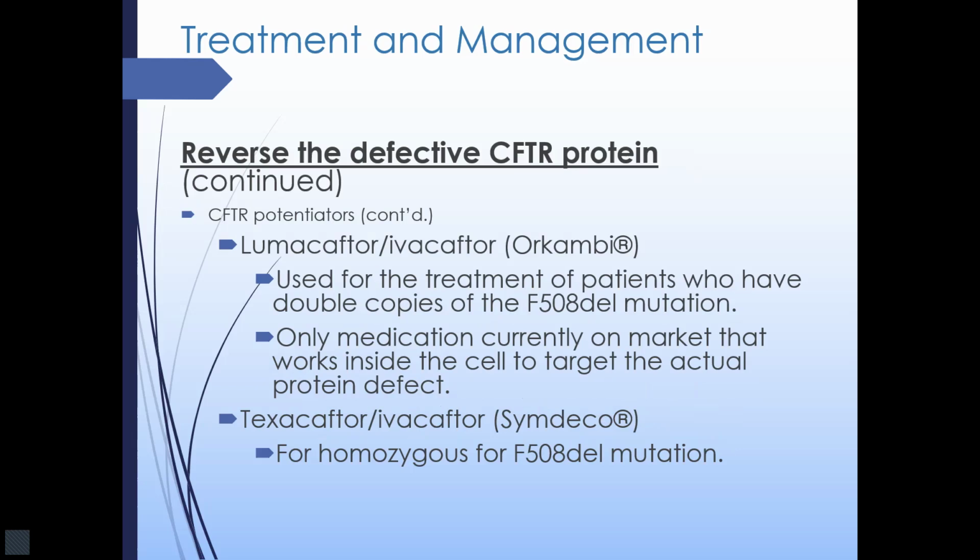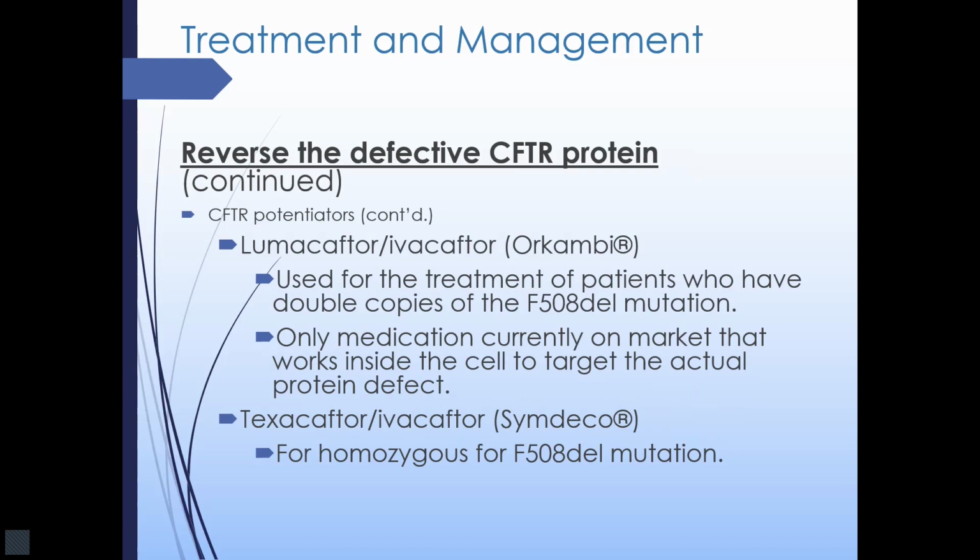Some other ones that have come out more recently that specifically work on the F508 deletion mutation are lumacaftor and ivacaftor, a combination of drugs. Orkambi is the only medication currently on the market that works inside the cell to target the actual protein defect, so that's really a cool breakthrough.